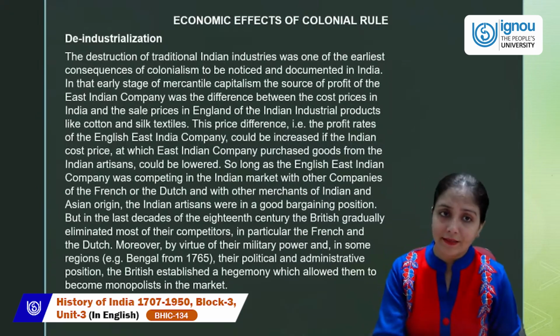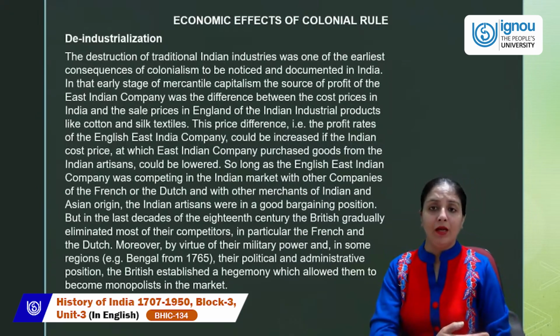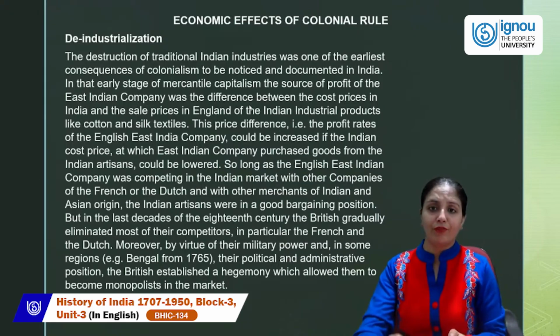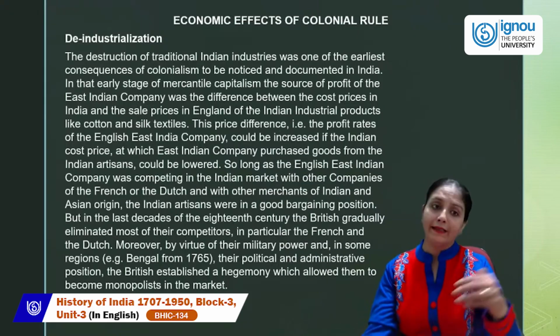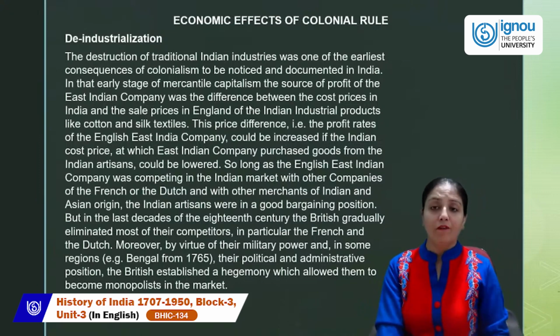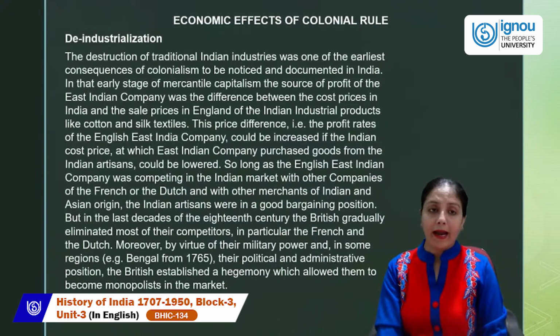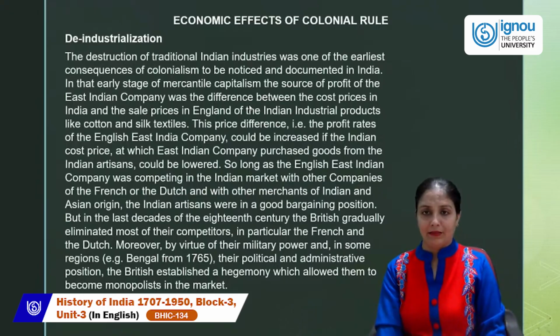In that early stage of mercantile capitalism, the source of profit of the East India Company was the difference between the cost price in India and the sale price in England of Indian industrial products like cotton and silk textiles.